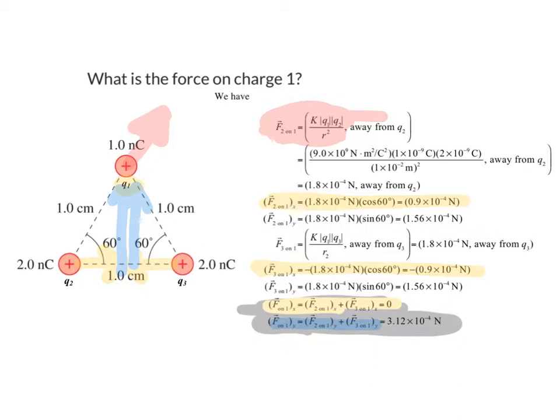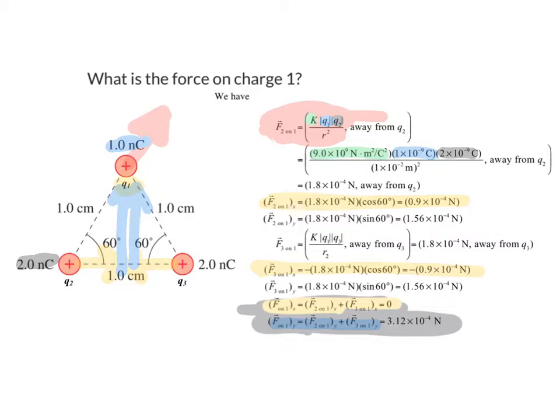Important things to note, K constant, 9 times 10 to the ninth, and we're showing all the units there. Q1 is the 1 nanocoulomb charge. 2 nanocoulombs is the Q2 charge. And the distance squared will be, again, it has to be in meters.